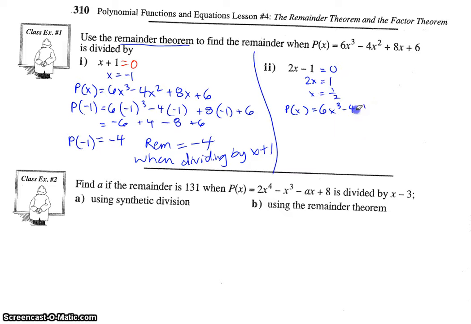And now we're replacing x with 1/2. So you run through, put brackets where x was, and then insert the 1/2 for x.